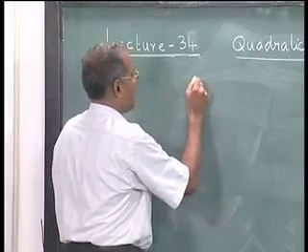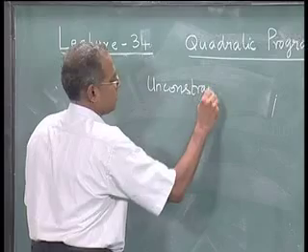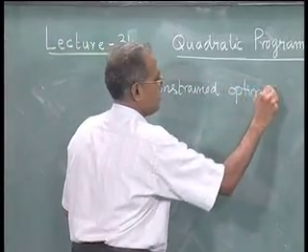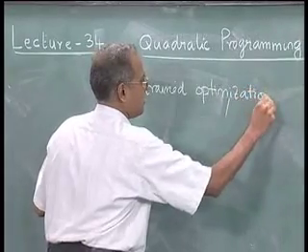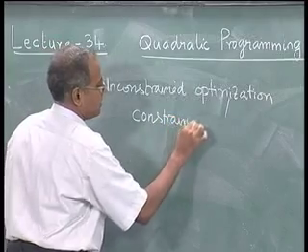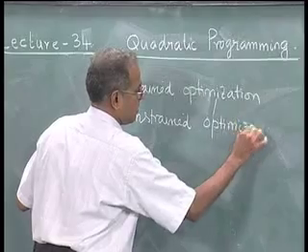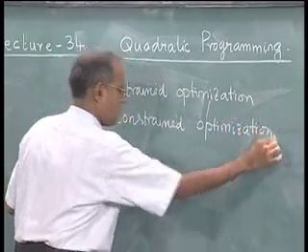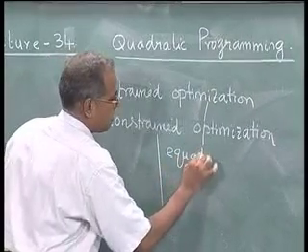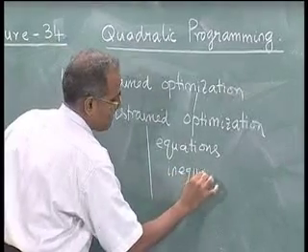We have what are called unconstrained optimization problems, and then we have constrained optimization problems, and these constraints can be equations and/or inequalities.